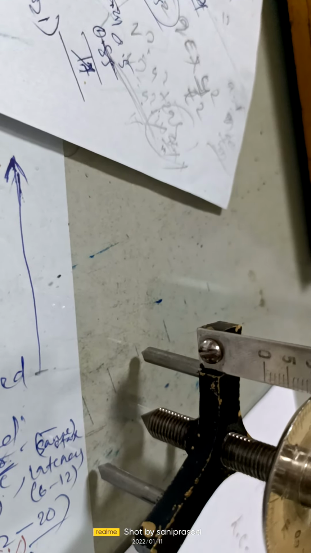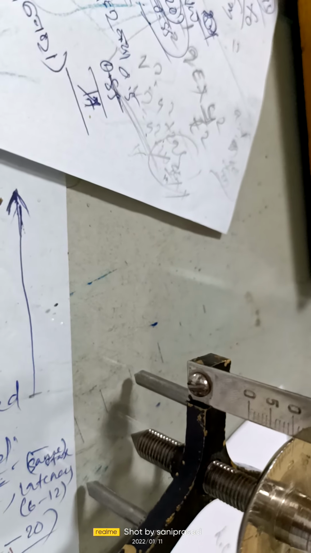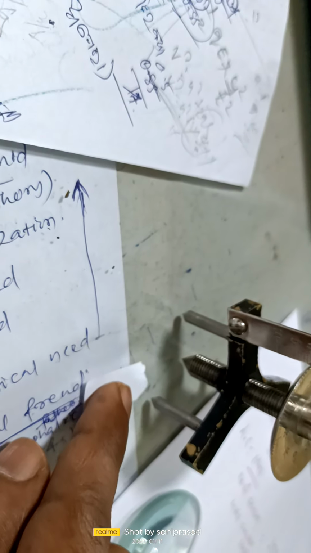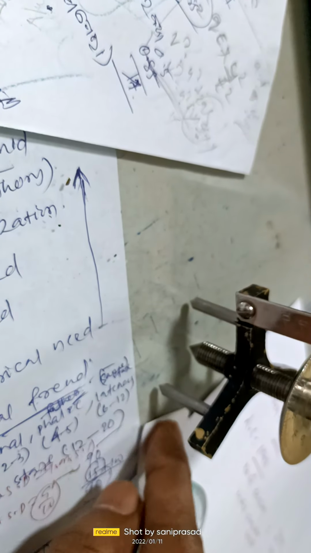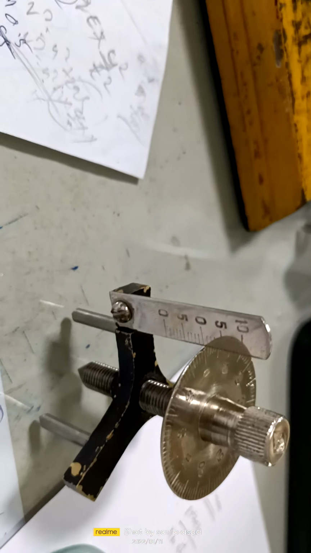You have to take one piece of paper. Look, if the paper is not passing through the legs, then all the legs are touching the surface.